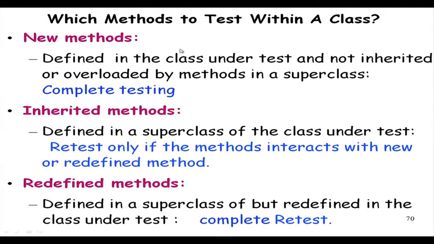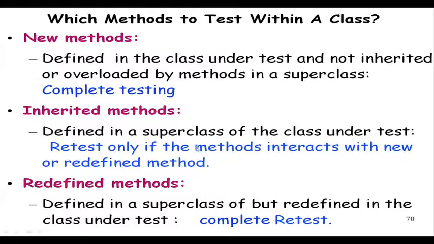So, if we look at it, in a derived class we need to test all the new methods, obviously, because these will be tested for the first time, and all the inherited methods have to be tested, because these inherited methods will be used in the context of the derived class, and also all the overridden or redefined methods have to be tested.